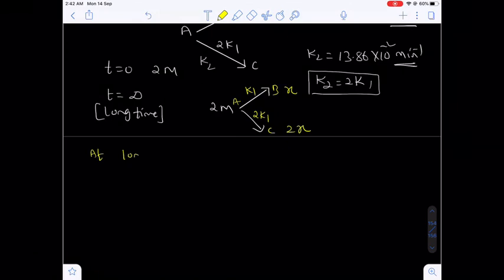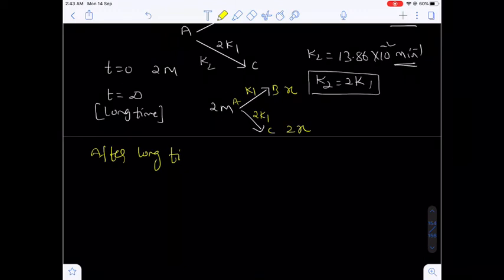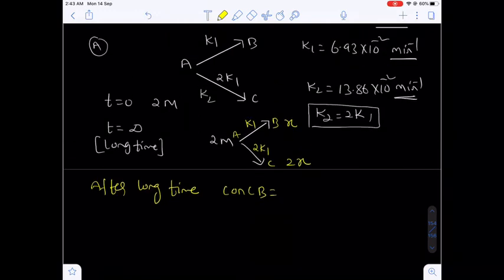Now after a long time, what will be the concentration of the B?